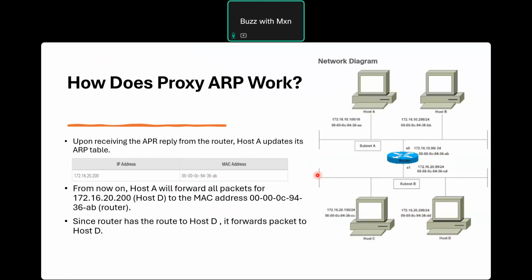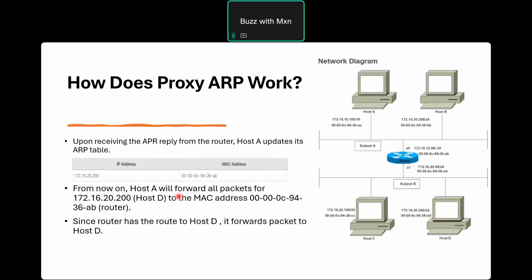Whenever it wants to send traffic to host D, or to subnet B, it will just forward the traffic to the router's Ethernet interface E0. So it just updates its MAC address table and maps it with the IP address.